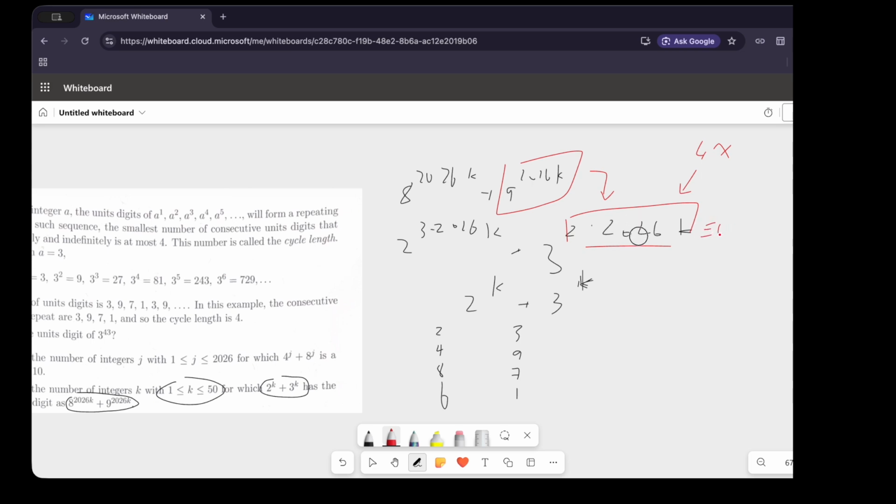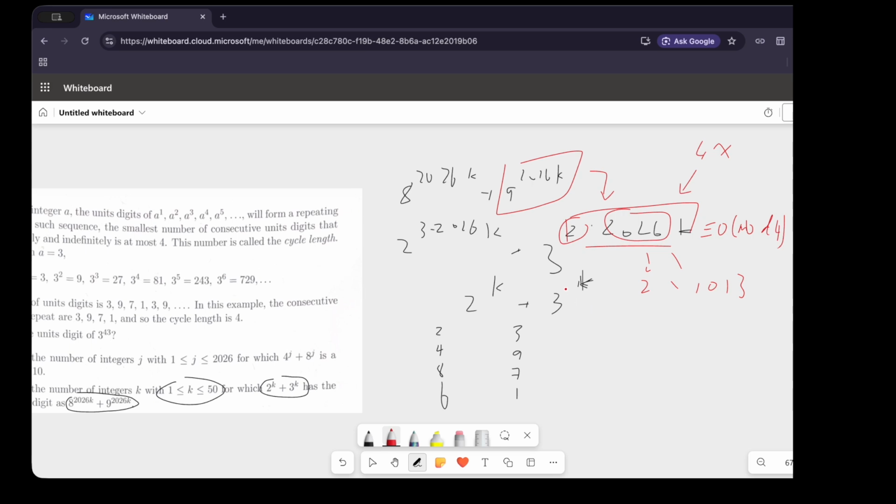This one is 0 modulo 4. Why? Because here there's a 2, and in 2026 there's another 2: 2 times 1013.